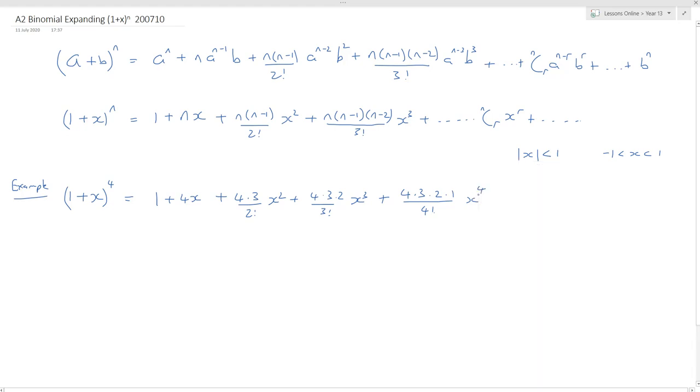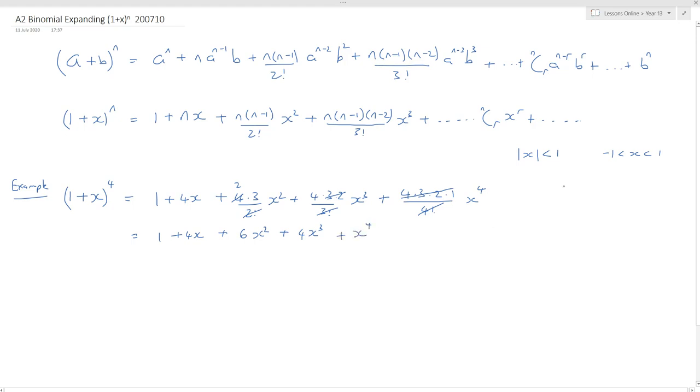When we simplify, you get 1 plus 4x plus the 2 here will cancel with the 4, goes to 2, so 2 times 3 gives me 6x squared plus 3 factorial, or 3 times 2 times 1, will cancel with 3 times 2, leaving me with 4x cubed. And the 4 factorial will cancel with 4 times 3 times 2 times 1. So plus x to the power of 4.